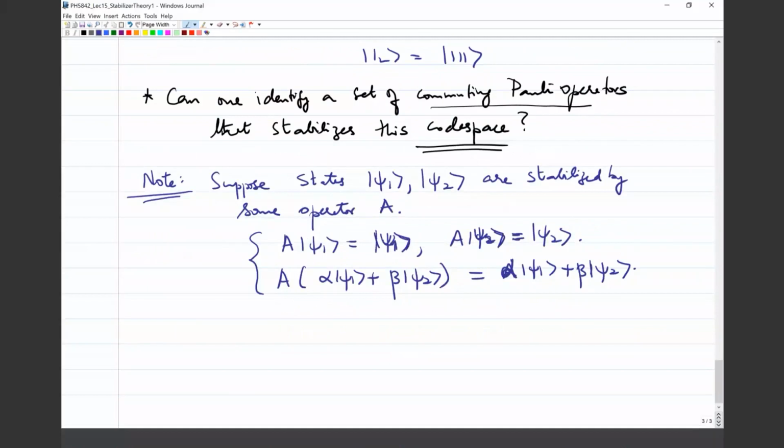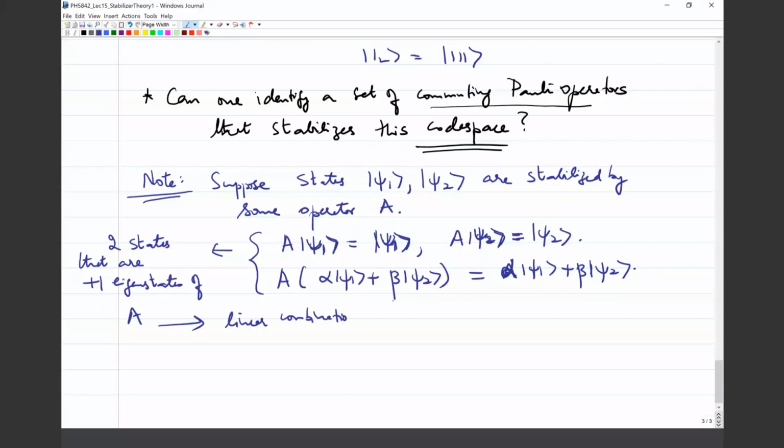Because what is this saying? It is simply saying that I have two states that are +1 eigenstates of A. So obviously, a linear combination is also a +1 eigenstate.